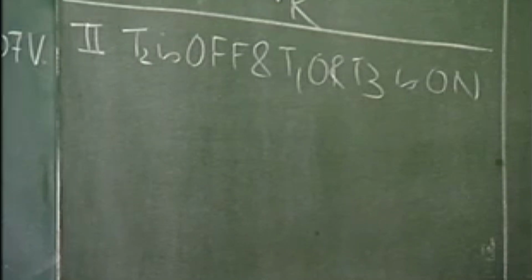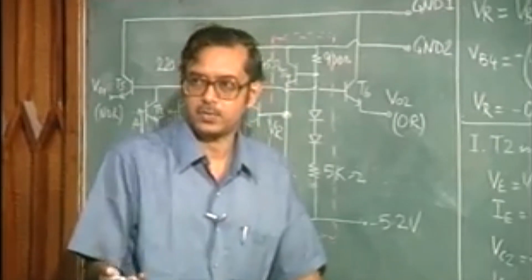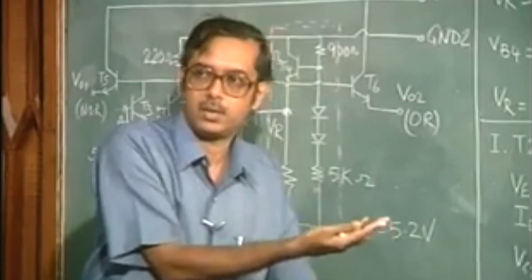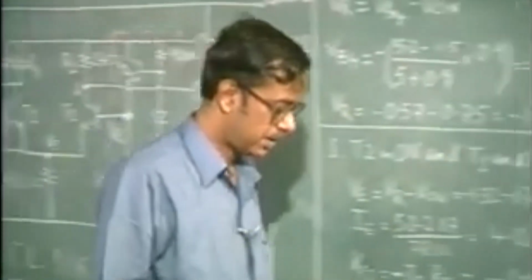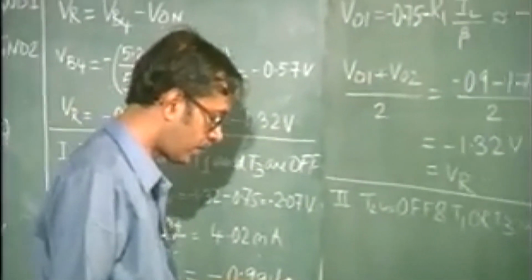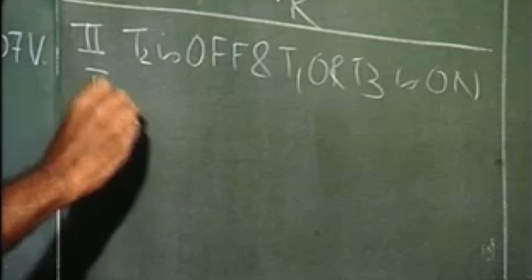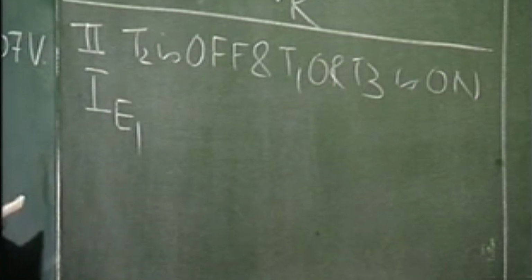That is, the base voltage for transistors T1 or T3 is greater than the reference voltage, which would mean that either T1 or T3 is on, whereas T2 is off. So, if you have this condition, say T1 is on, so IE1 will be equal to, what?